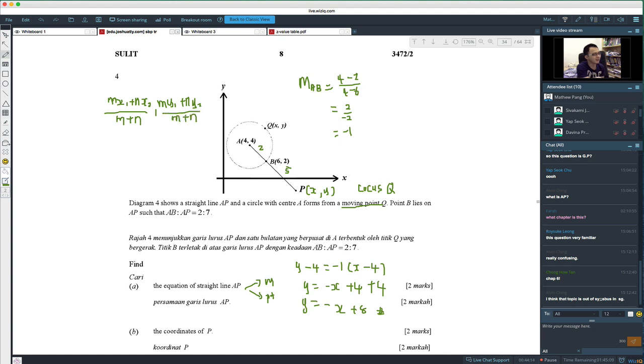Yeah, this is the formula for ratio. In order to use this formula, the (x, y) over here is the point in the middle, which is (6, 2).